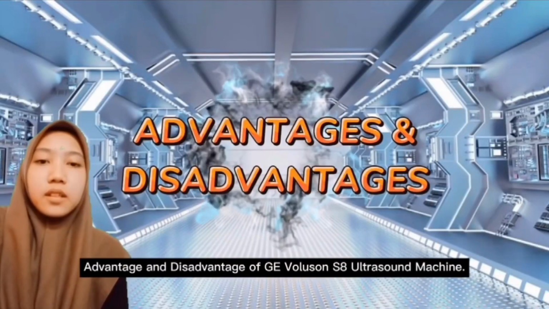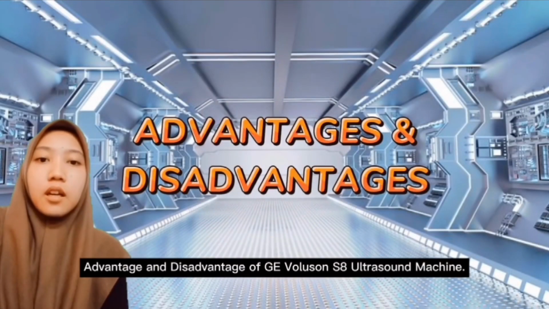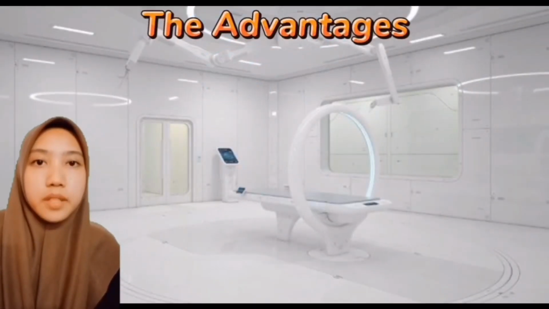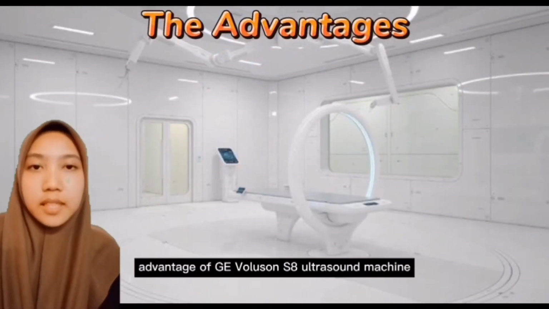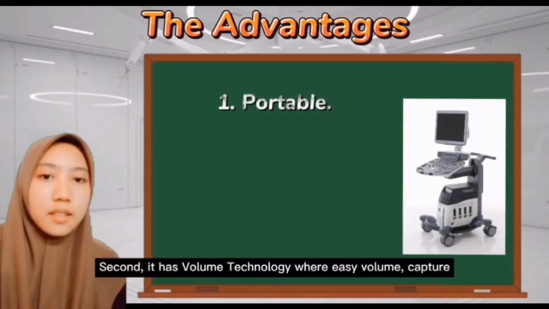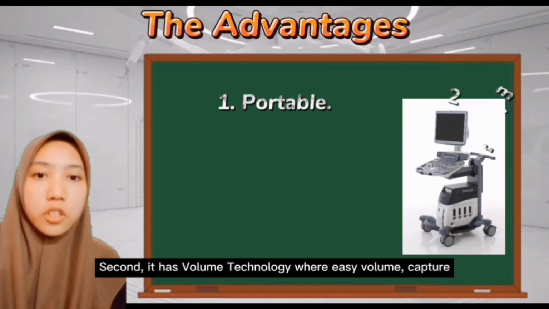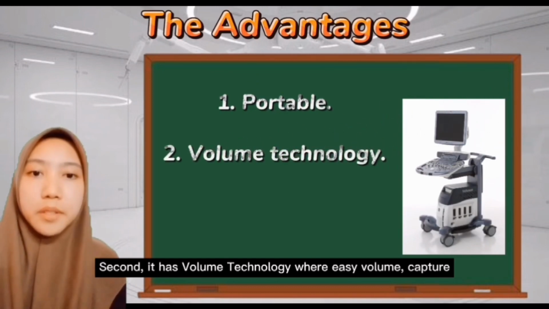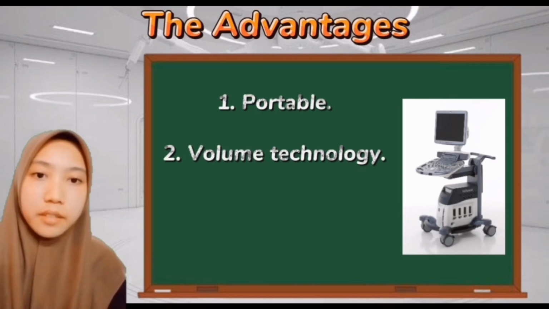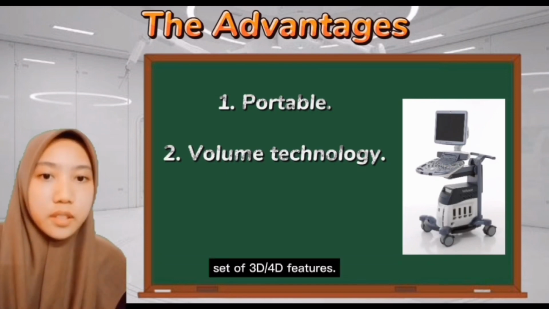Advantages and disadvantages of the GE VOLUSON ultrasound machine. The advantages. One of the most obvious advantages of the GE VOLUSON S8 ultrasound machine is that it is portable. Second, it has volume technology where easy volume capture, interaction and display are made possible by a comprehensive set of 3D 4D features.